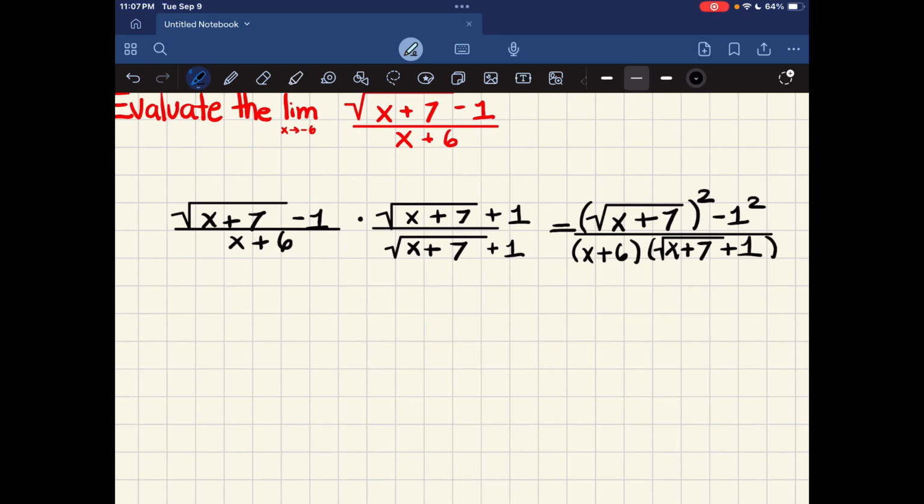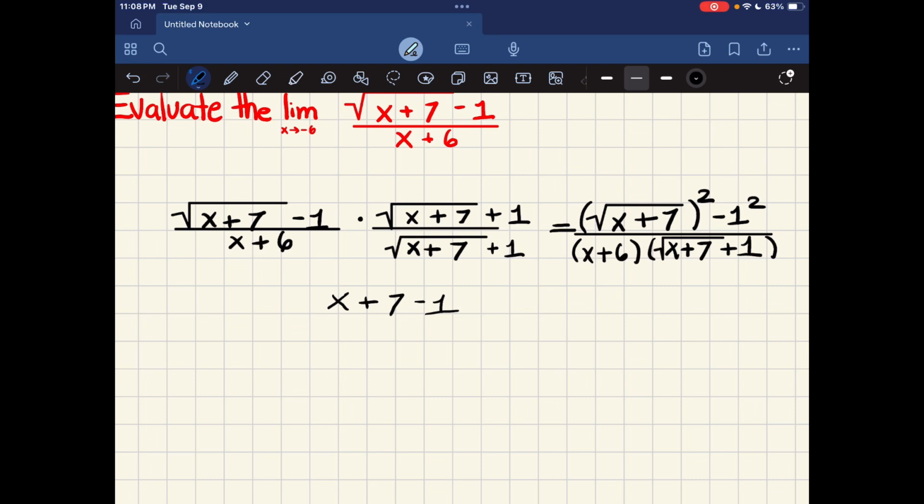Now we're going to cancel the square root and square. So now it leaves us with x plus 7, and then minus 1, because minus 1 squared is just 1 and the square root and square cancel each other out.